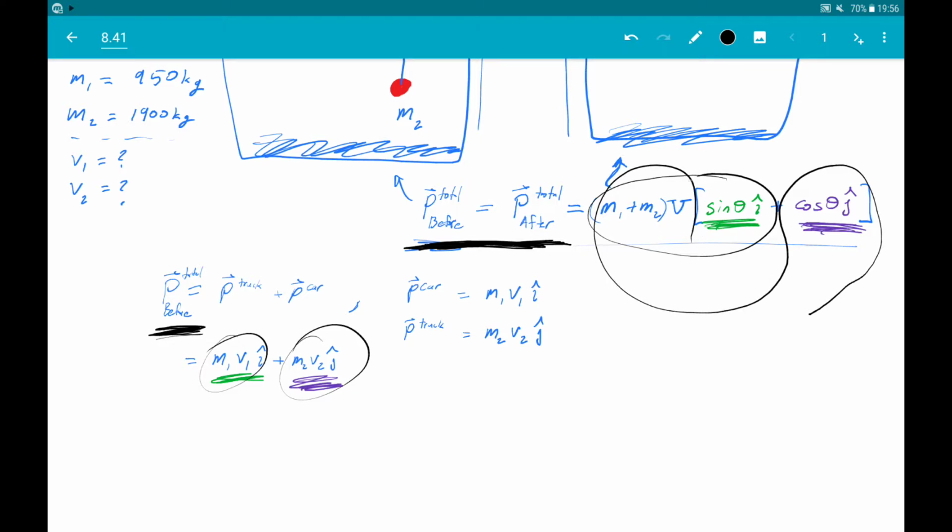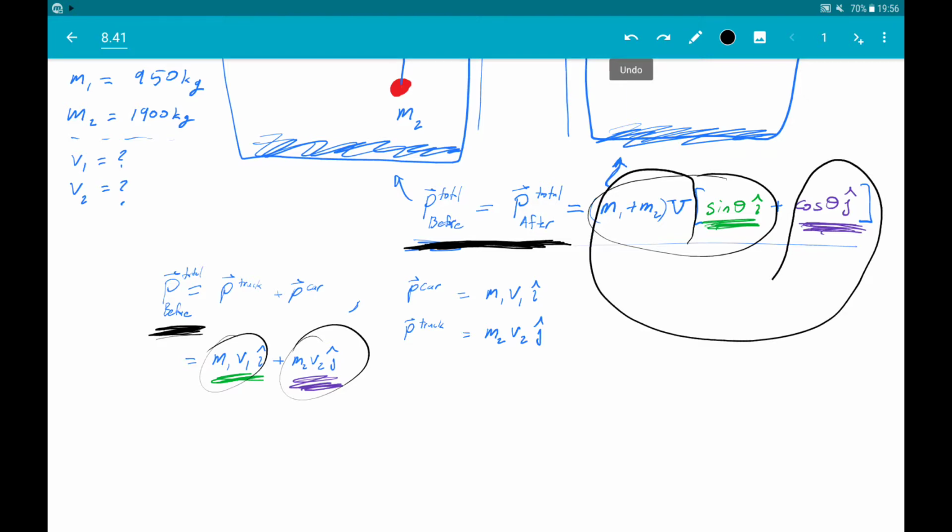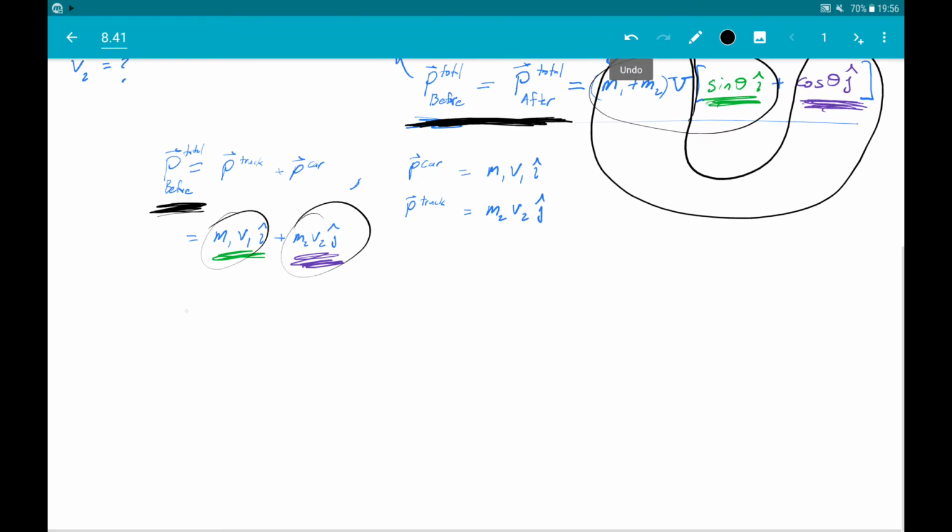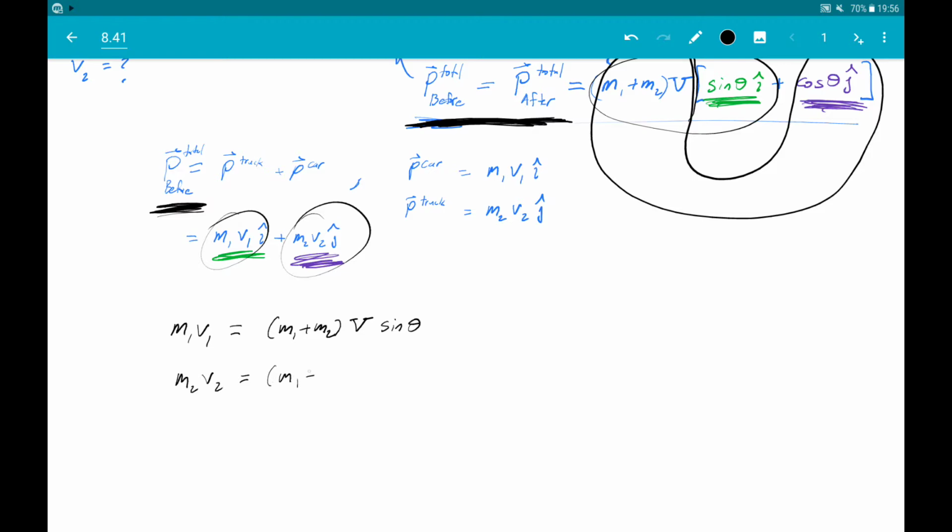Oh boy, I didn't do that right. So m1 v1 has to equal m1 plus m2 capital V sine theta, and m2 v2 has to equal m1 plus m2 times capital V cosine theta.